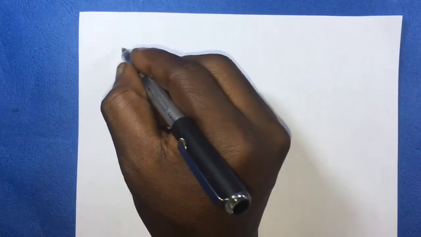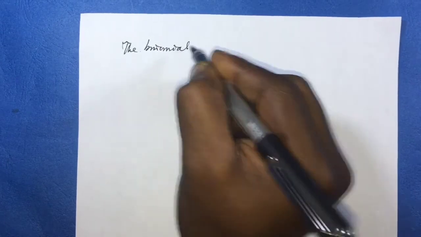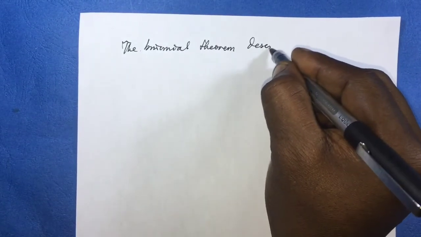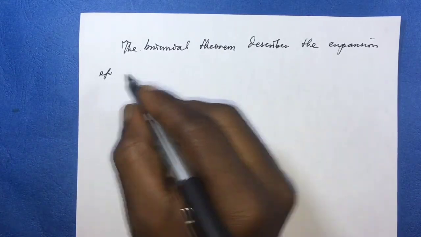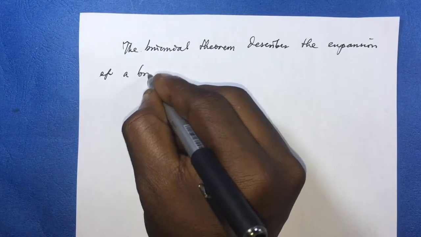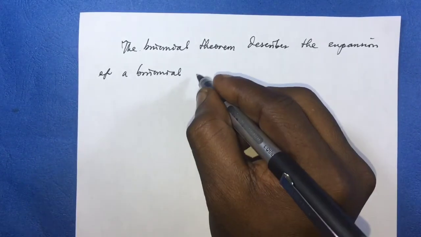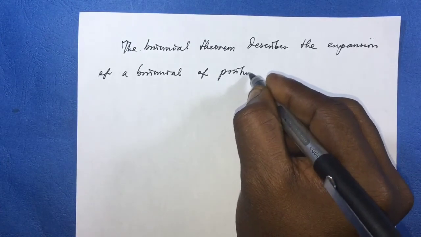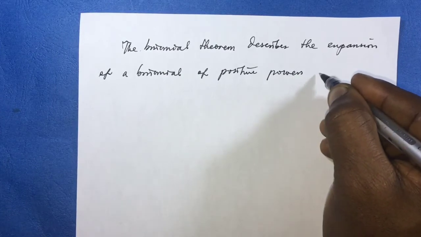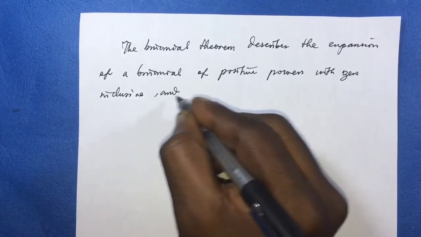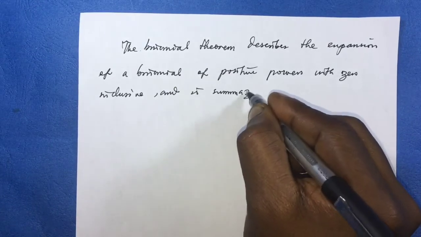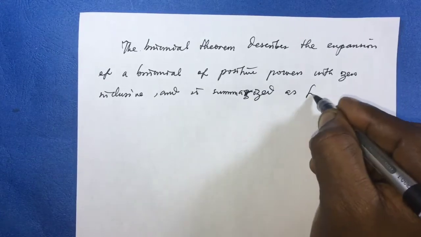So, the binomial theorem describes the expansion of a binomial of positive powers, with zero inclusive, and is summarized as follows.